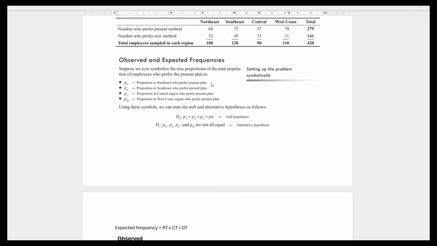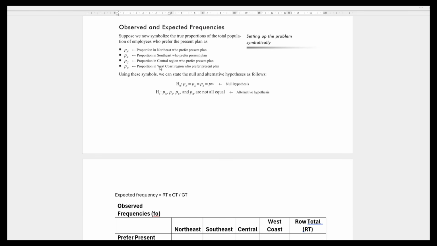So when we set up the hypothesis, we can write like this. Let Pn be the proportion of Northeast who prefer the present plan. Let Ps be the proportion of Southeast who prefer the present plan, like this.